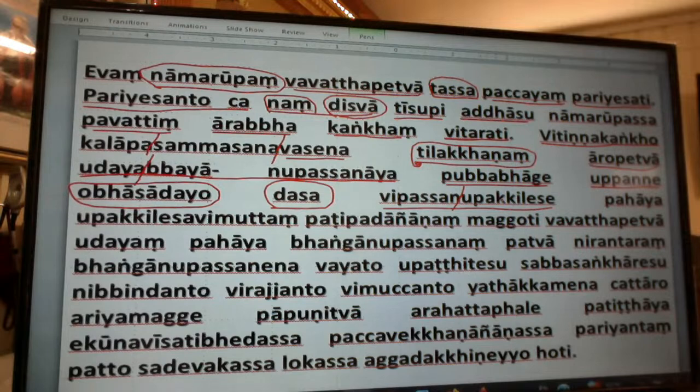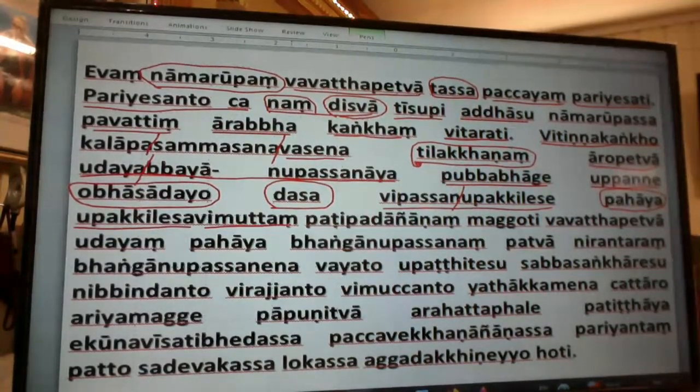Okay, so at this time, the impurities of insight wisdom are removed, and the wisdom goes higher. Here it explains many steps, the changing. After removing the impurities of insight wisdom, there is upakilesa vimodana.